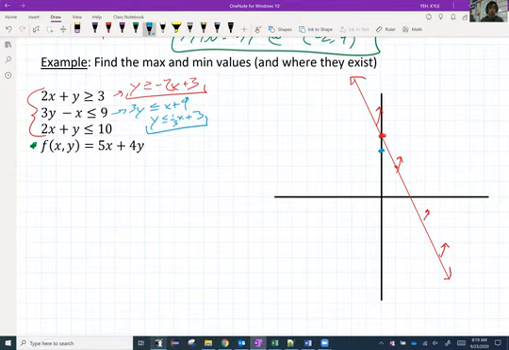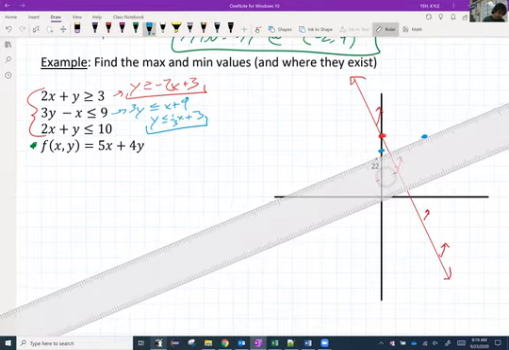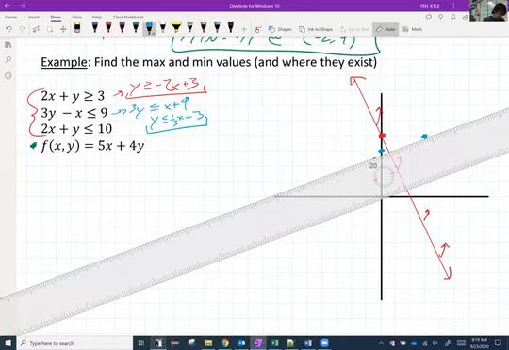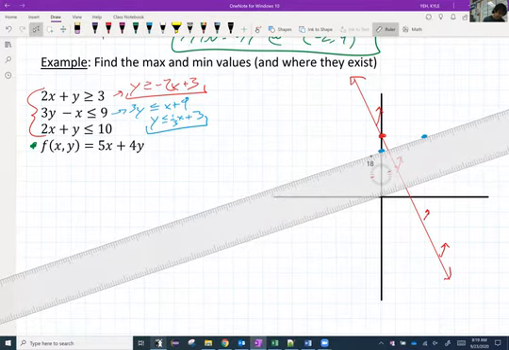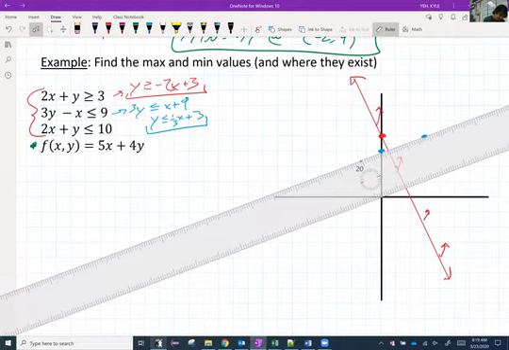And I'm looking for 1/3 x, so up 1 over 3 gets me right there. Draw my line in for 1/3 x plus 3. That looks pretty decent.